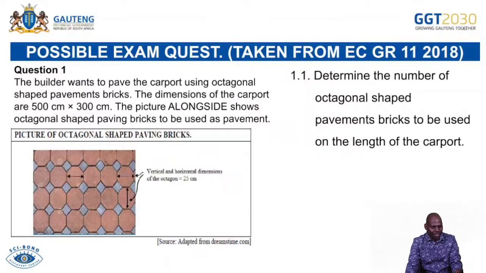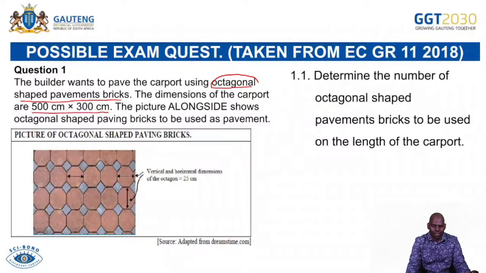In this case, the builder wants to pave the carport using octagonal shaped pavement bricks. Octagonal simply means it's a shape that has got 8 sides. The dimensions of the carport are 500 centimeters by 300 centimeters.